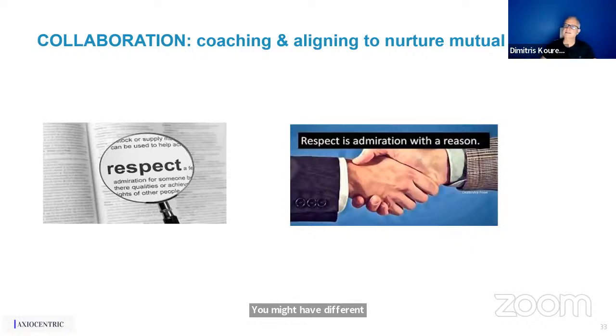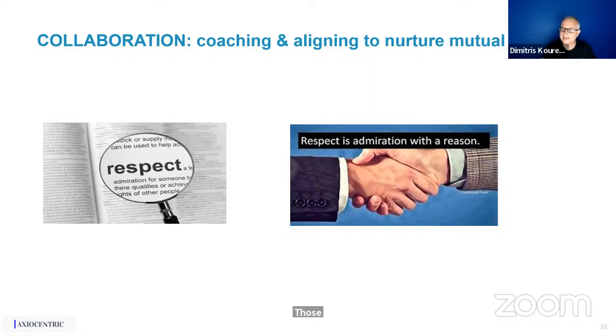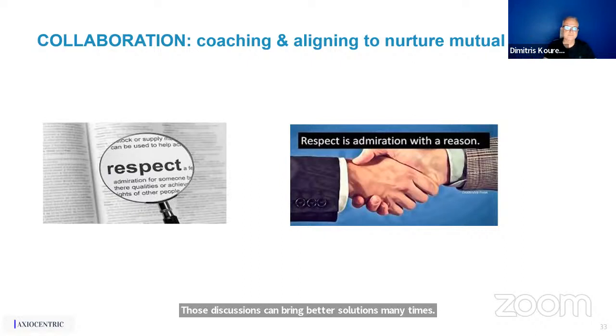Let's say you are the finance director and you have the marketing director, and you have a fight about budget, resources, priorities, etc. But at least if the finance director feels like the marketing director is one of the best marketers you can find in the market, and vice versa, that this is a great professional in finance, then if you have this level of trust and respect, those discussions can bring better solutions many times, or consensus, rather than creating underground fights, etc.